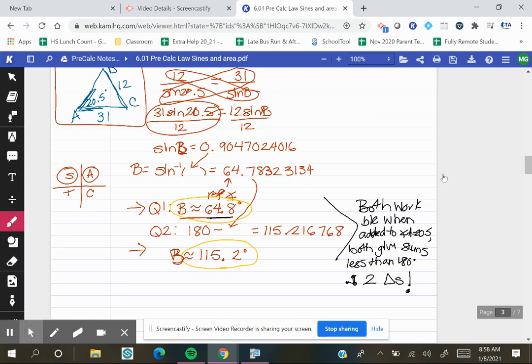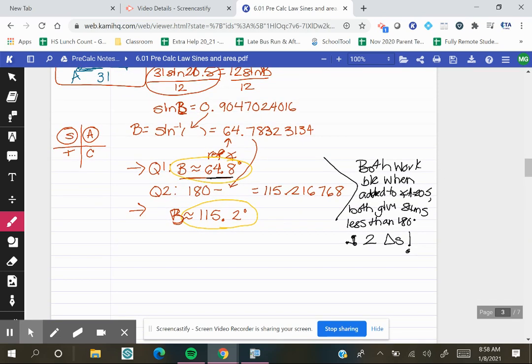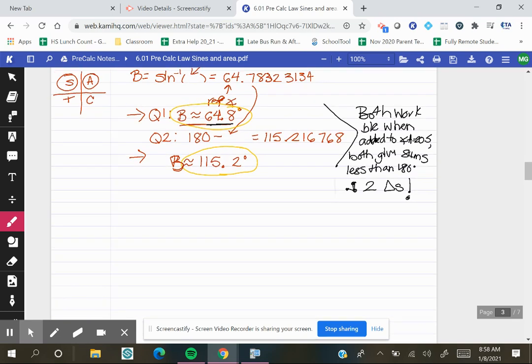So it all depends right here if you keep 1, 2, or none. If they both get rejected, then there would be 0 triangles. If one gets rejected and you keep one, there's one possible triangle. And if both of them work, like in this case, we have 2 possible triangles.